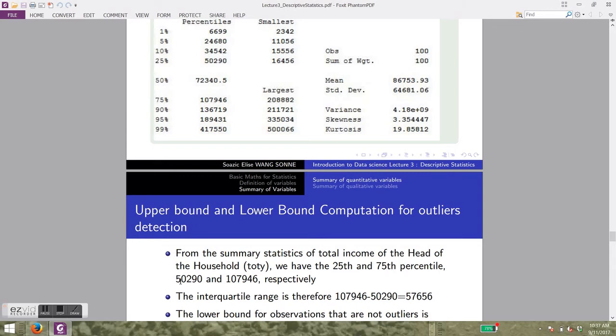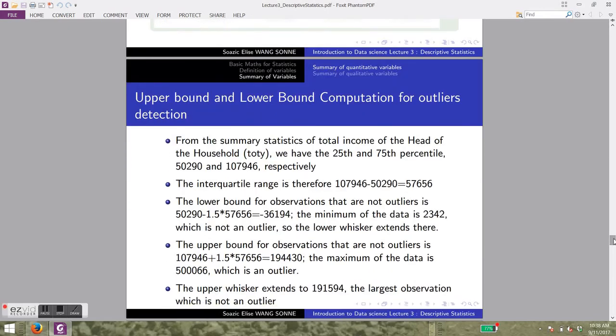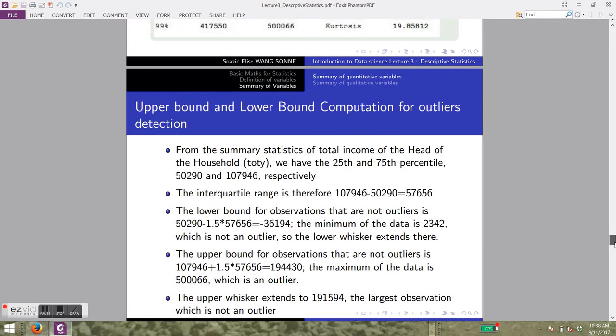The interquartile range is the difference between the third quartile and the first quartile, which is here 57,656, right? Now if we would like to compute the lower bound for observations that are not outliers, so the limit below which you are considered an outlier, right?